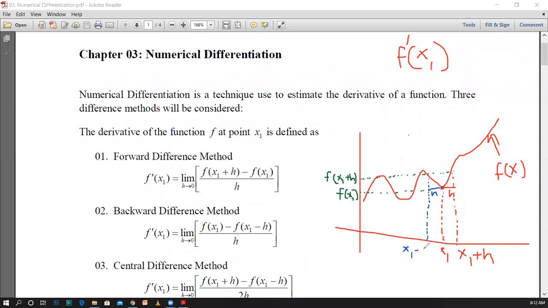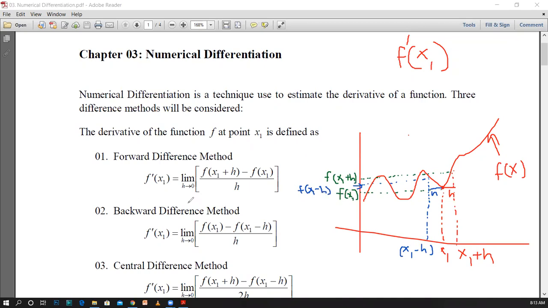As before, we can identify where the point is: this is where we get f(x1 minus h).